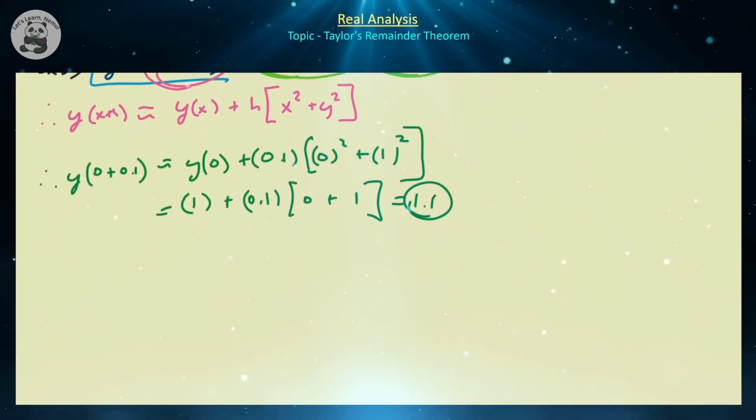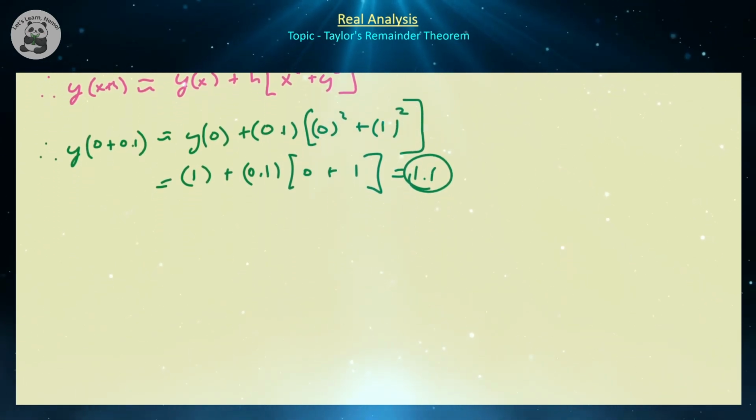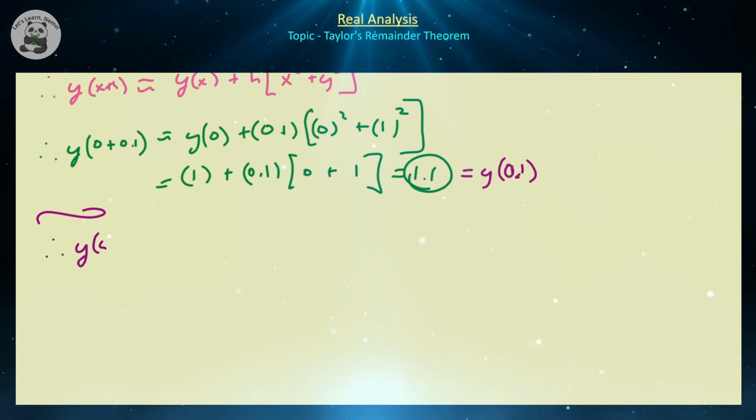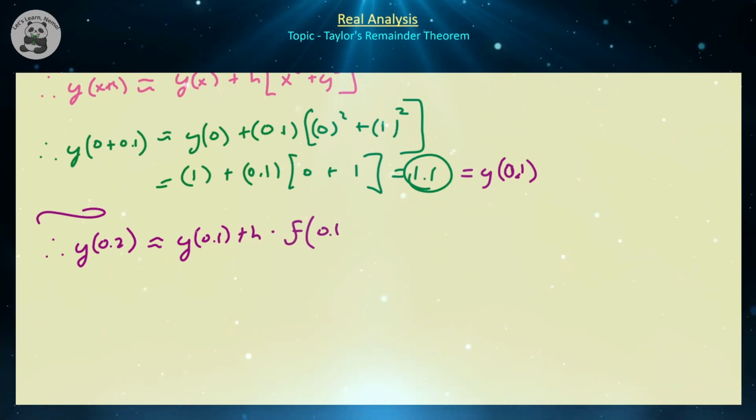Right? And we can continue onwards because now we have y at 0.1, or an approximation of it, 1.1. Now we can approximate at 0.2. So y of 0.2 will be approximately equal to y of 0.1 plus h times f of 0.1 and f of 0.1, or y of 0.1, I guess you could say. So let's just write that as y of 0.1 to not confuse that with the f.